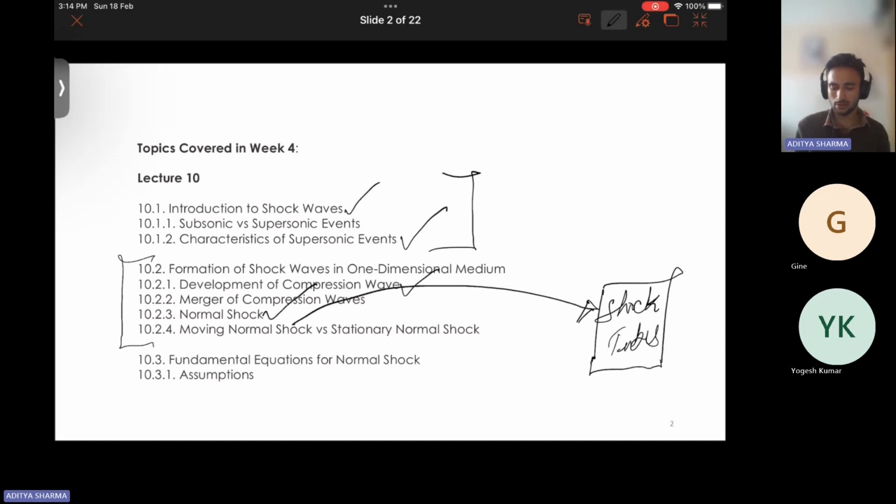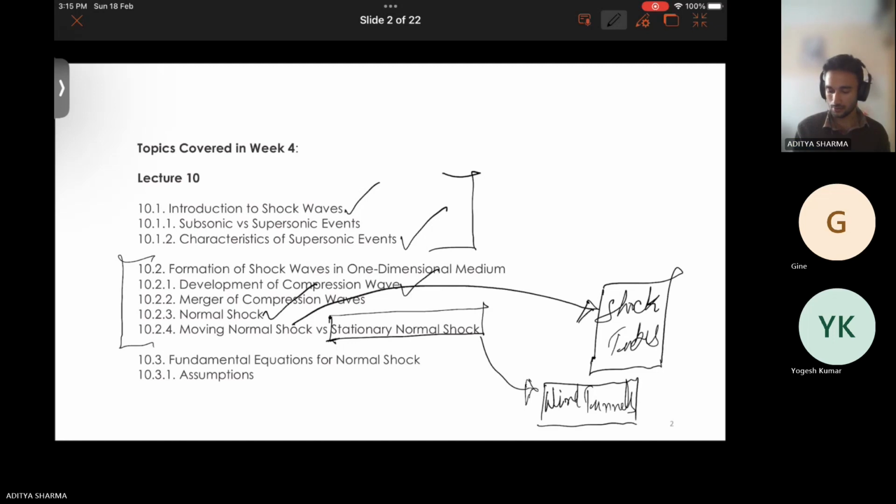All right. Then there is stationary normal shock also. Like in wind tunnels, if we want to capture a stationary normal shock, in wind tunnels we can have these stationary normal shocks.